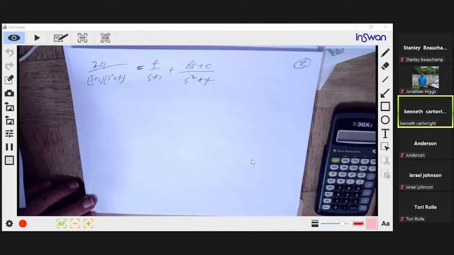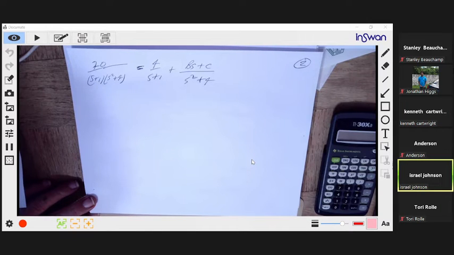How am I going to find B and C? We're going to have to use the quadratic formula. Really? To find B and C?